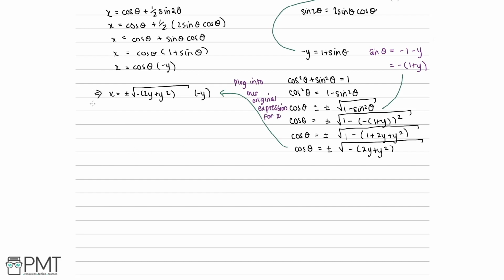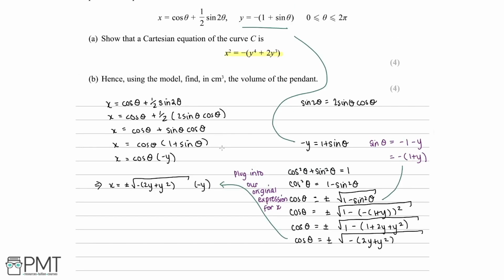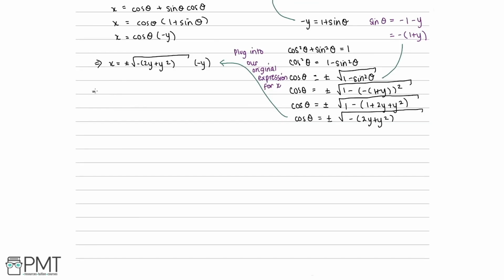Now we have something only in terms of x and y, which is what a Cartesian equation is. Well, if we look at our show that problem, it wants something in terms of x squared, and right now we have an x. So let's try squaring both the left-hand side and the right-hand side. So x squared is equal to, now if we square the right-hand side, plus or minus root minus 2y plus y squared all squared will just give you the thing that's inside of the root, which is minus 2y plus y squared.